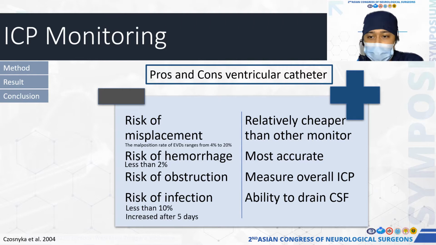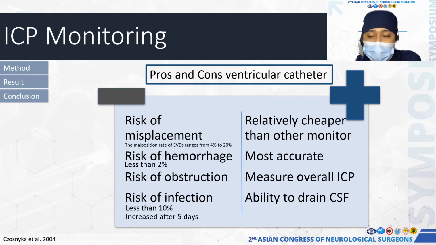As we see here, these are the pros and cons of putting in a ventricular catheter. The negative side of an intraventricular ICP monitor is the risk of misplacement, especially as we use the freehand technique, and the rate of malposition is from 4% to 20%, which can further increase the risk of hemorrhage, which happens in less than 2%.